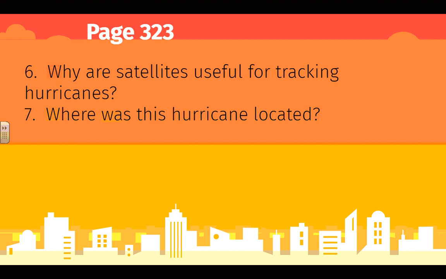Question 6. Why are satellites useful for tracking hurricanes? Hurricanes are so large, it would be hard to track them from the ground.